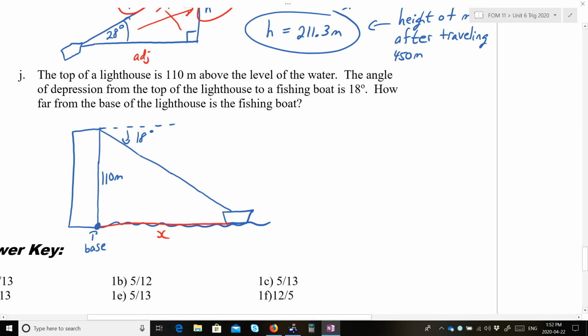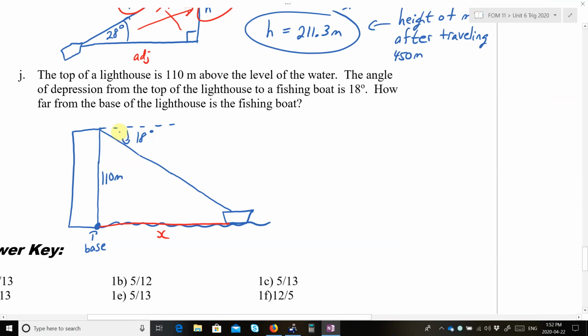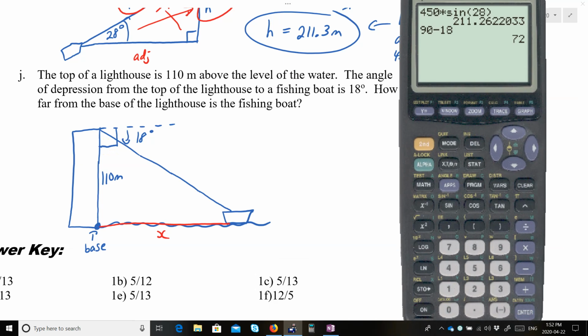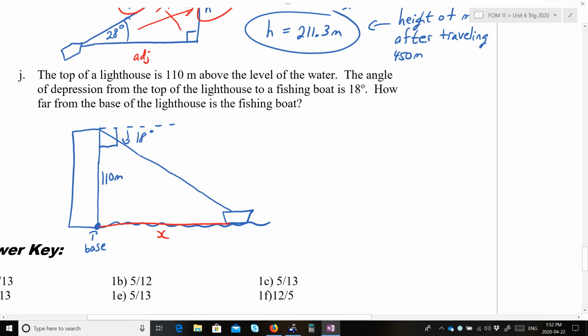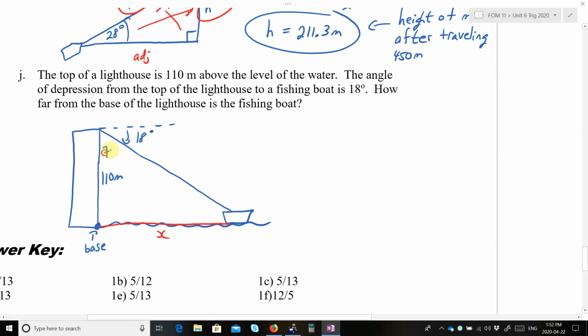Okay, so we have to get an angle inside the triangle, and so remember from the 90-degree from the dotted line to the lighthouse, that's 90 degrees. So you go 90 minus the 18 to get that angle that's inside the triangle, 72 degrees. Okay, so this is 72 degrees, and now we can use that angle.